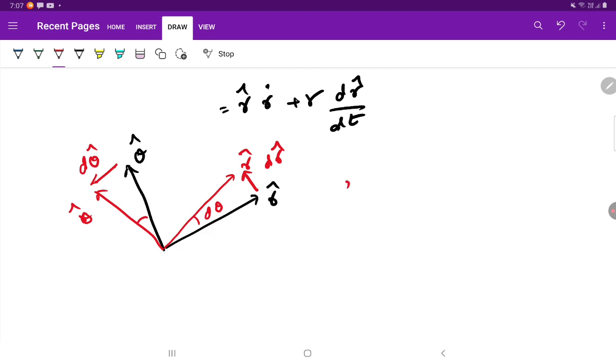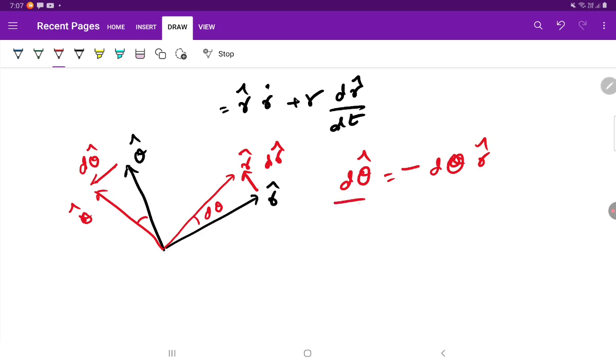So I can say that d r cap is equal to d theta times theta cap. And for d theta cap, observe that the direction is along the r cap direction, but with a negative sign, because d theta cap points in the opposite direction to r cap. So d theta cap is equal to minus d theta r cap.